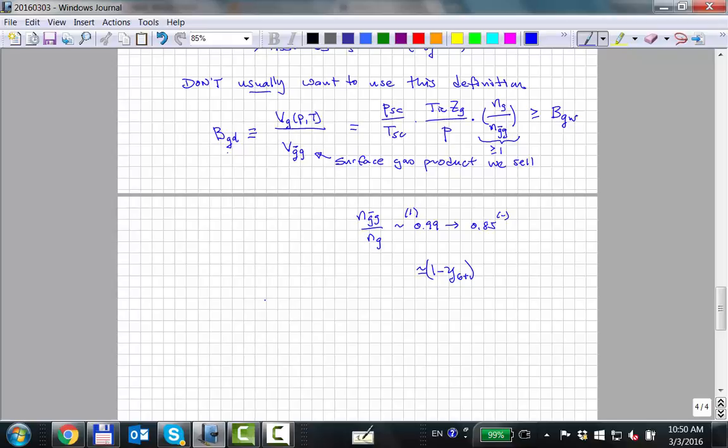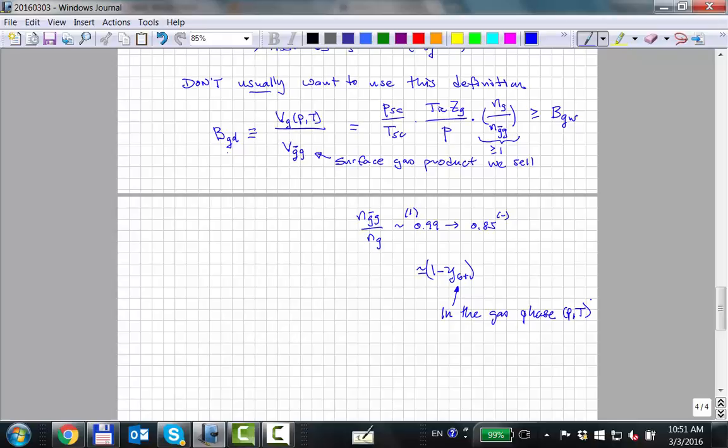So who cares? Basically, if you know the composition of the C6 plus amount in your reservoir gas, or just in the gas phase you're looking at, at pressure and temperature, then you kind of know what magnitude of error or difference you have.